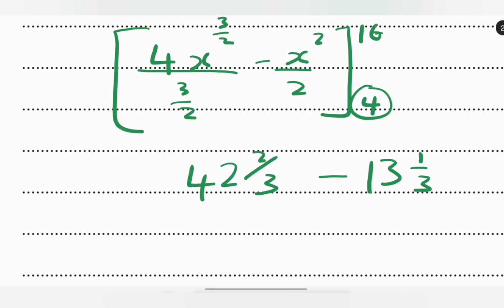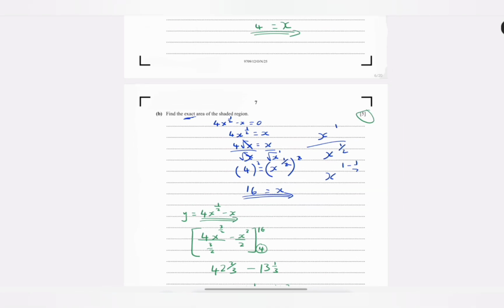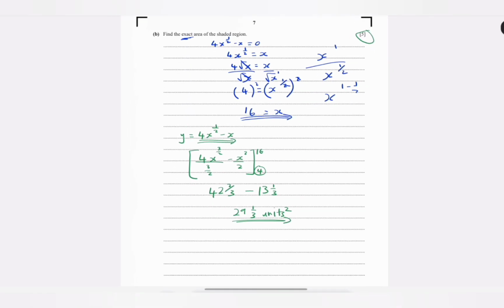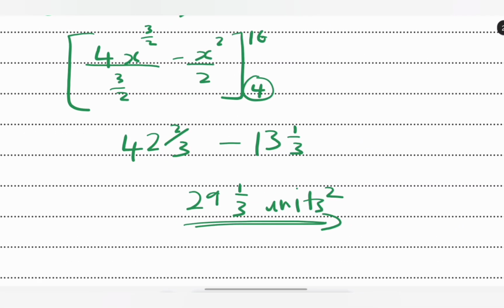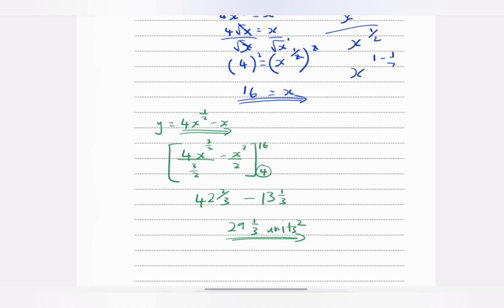So now our 42 and 2/3 minus 13 and a third gives us 29 and a third square units as the area of the shaded region. 29 and a third units, and we get our 5 marks.